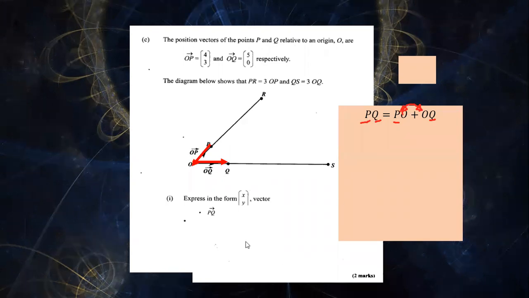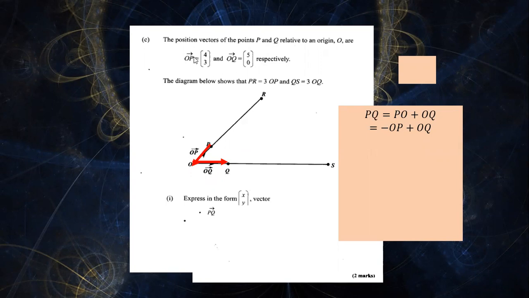Great. What happens next? What is PO? PO is negative OP. What do you think about that? To get from P to O, I have to go the opposite direction of OP. So I look around at the question and ask myself, do I see PO anywhere?